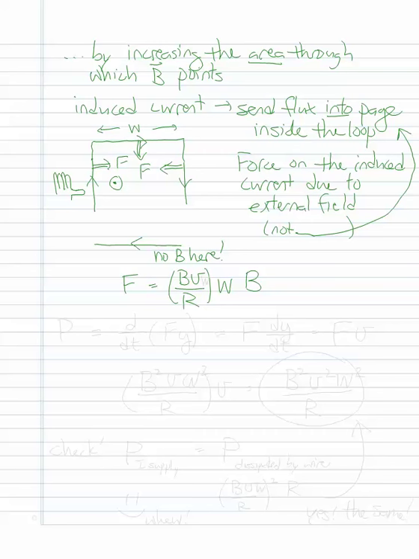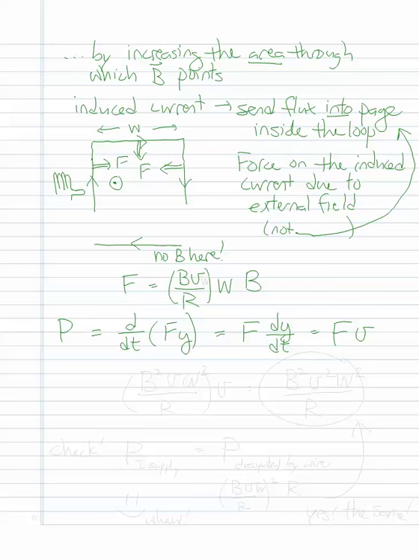Okay. So I have the force. Now I have to remember what I was looking for. Oh, that's right. I was looking for the power, the rate at which I have to do work, which is d/dt of F times y. Again, the force doesn't really change, so this is just the force times dy/dt, which is the force times v, the rate at which the loop is going into the section of the magnetic field.